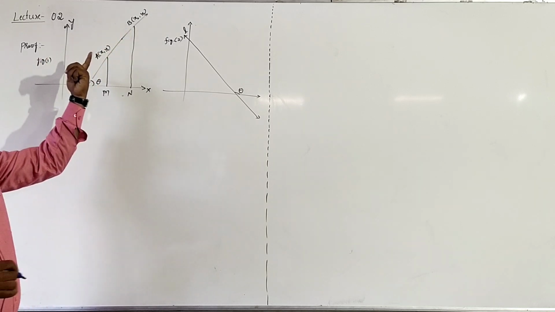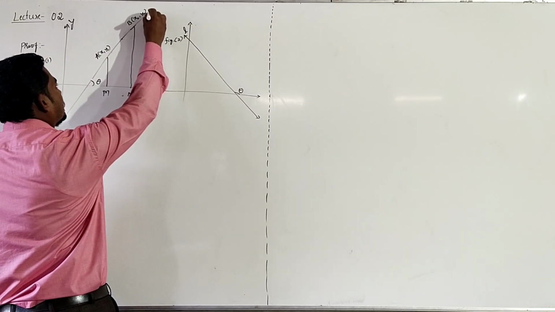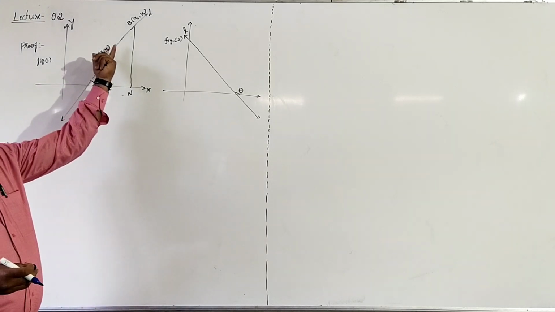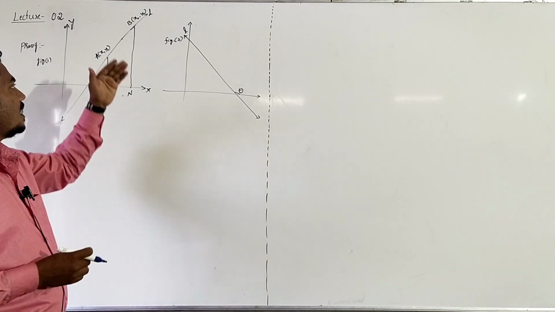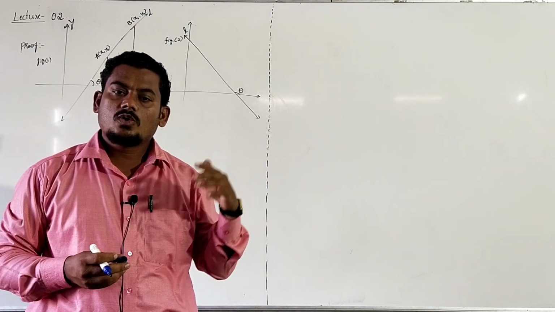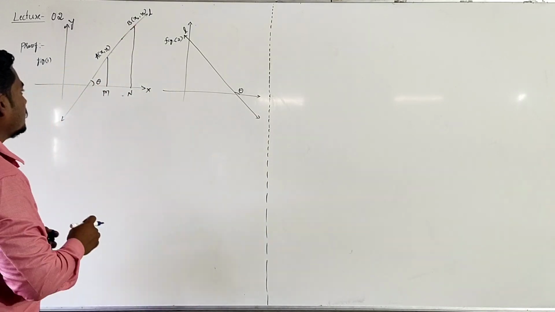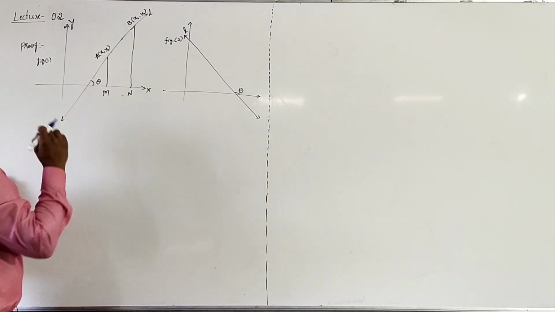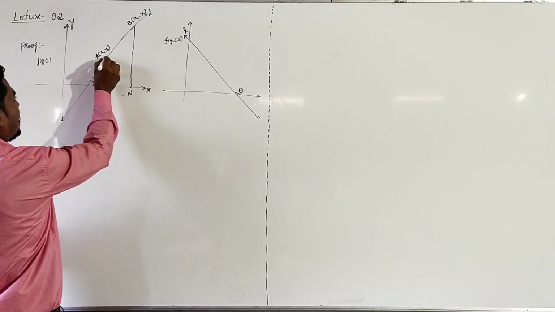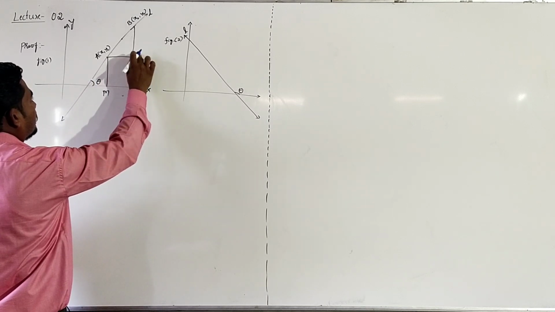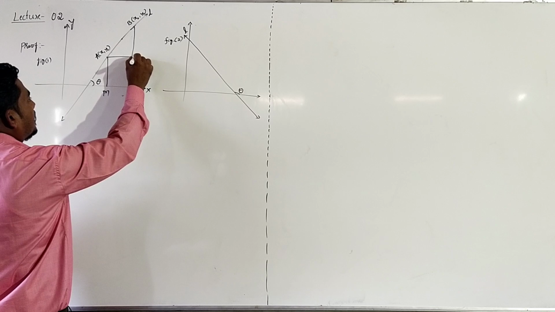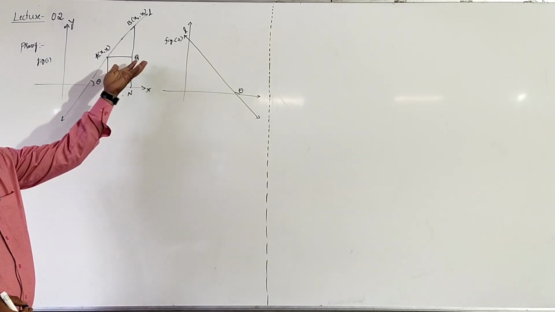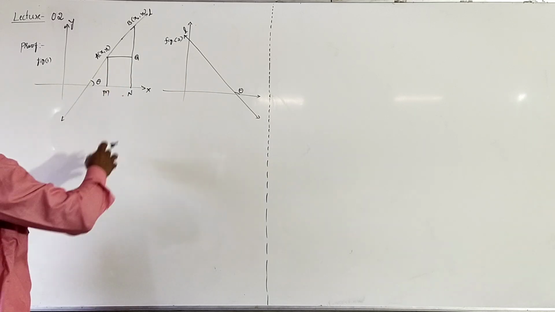First consider L to be any non-vertical line. This is L. After that, take 2 points on that line, A of x1, y1 and B of x2, y2, and draw perpendiculars: AM perpendicular to the x-axis and BN perpendicular to the x-axis. Also take a point Q, or else you can take it as R, any name.